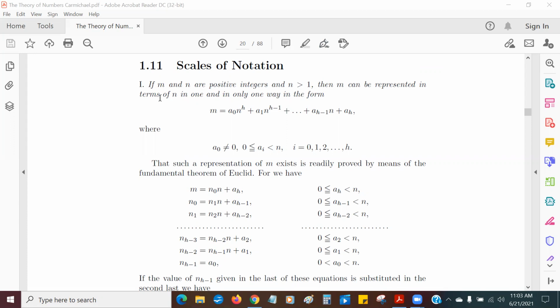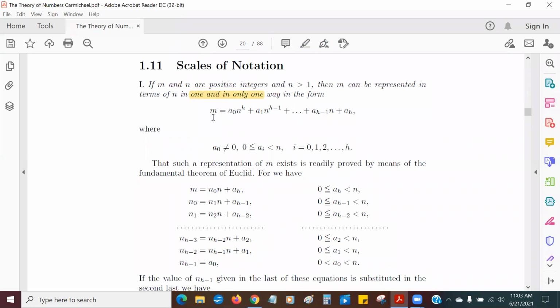Basically, if m and n are positive integers where n is greater than 1, then m can be represented in terms of n in one and only one way. That's important. That's significant.